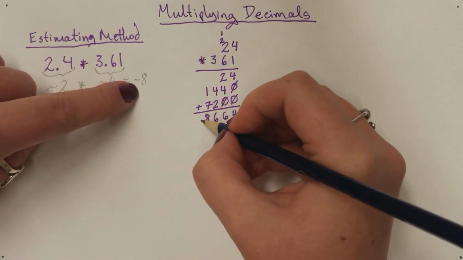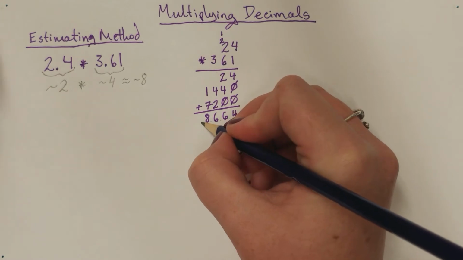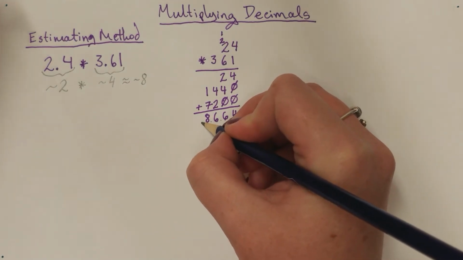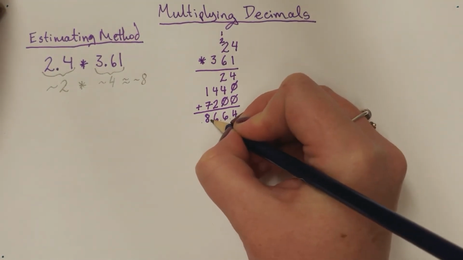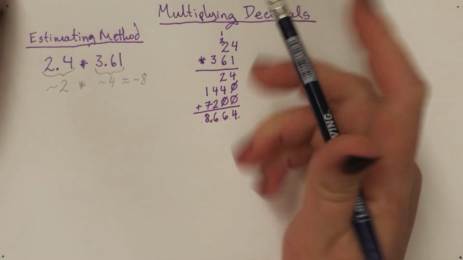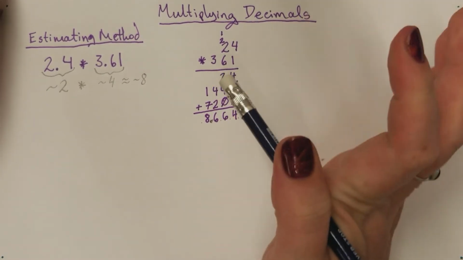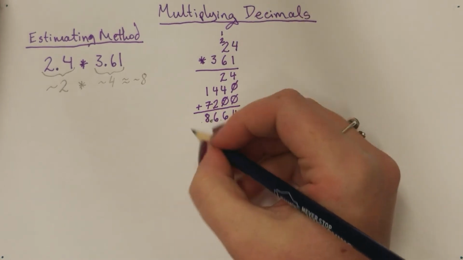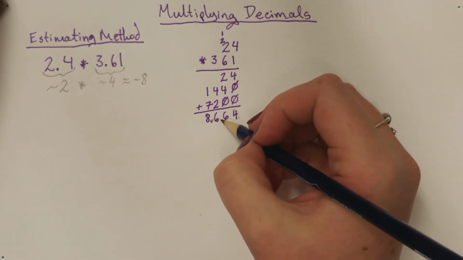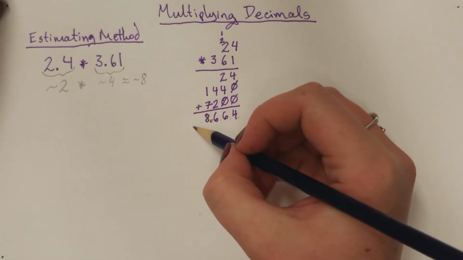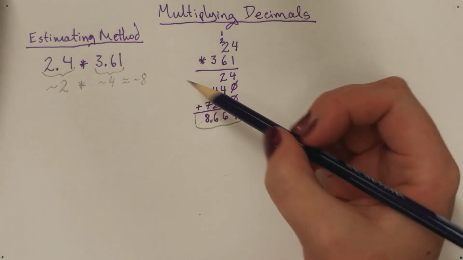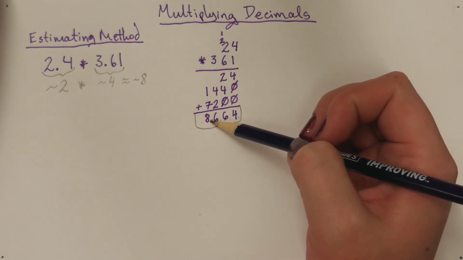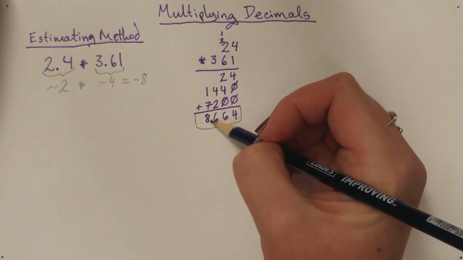Let's double check the last place just to make sure. 0.8664. 0.8 is less than 1, so not close to 8. 8.664 sounds like the best option. So that is where our decimal place goes. Now we have an answer that makes sense. This answer, 8.664, is close to 8. Awesome. Estimating can get you to the point where you can place the decimal in your answer.